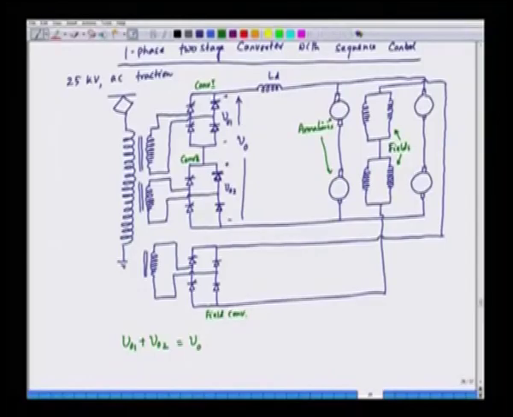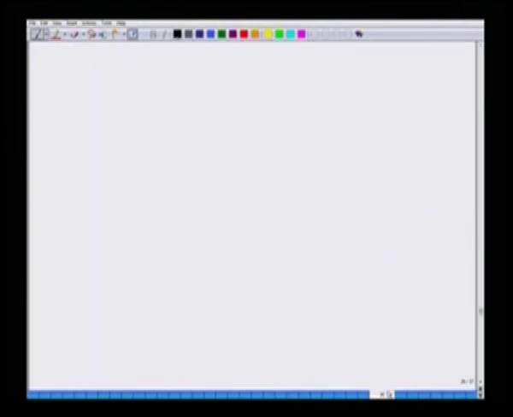Now, the sequence control is employed only for the armature side converters. We have converter 1 and converter 2. These converters are controlled in sequence. First, both converter 1 and converter 2 are off. So, we can start the various steps here. The steps are as follows.